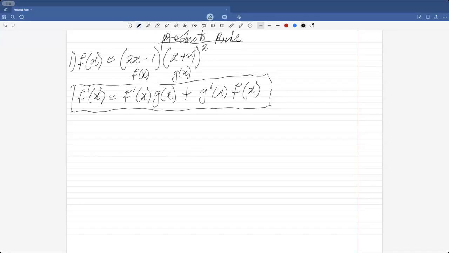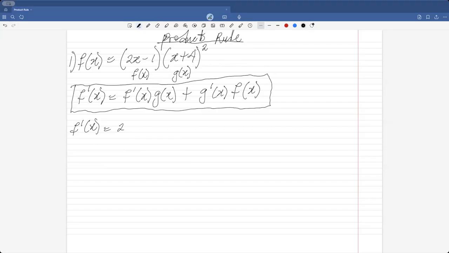So how can we use this formula to find the derivative of the function above? So let's get started. For the function above, we have f prime x. We find the derivative of f(x), which is 2x - 1. So the derivative of f(x) is nothing but 2.